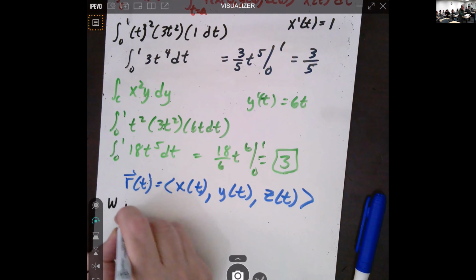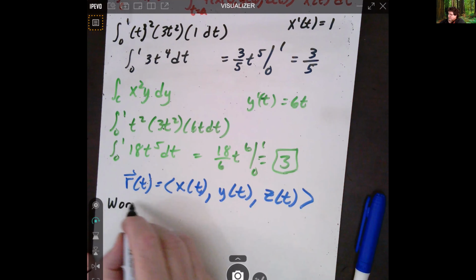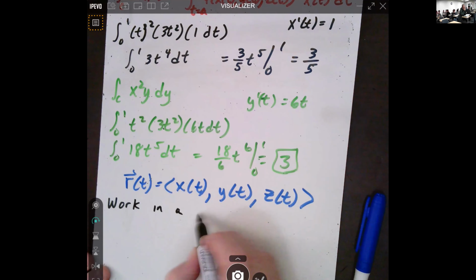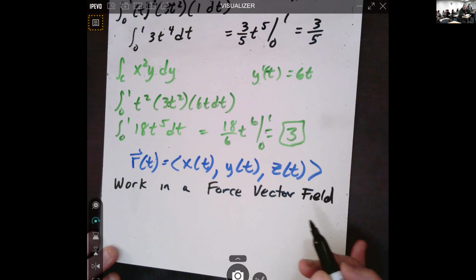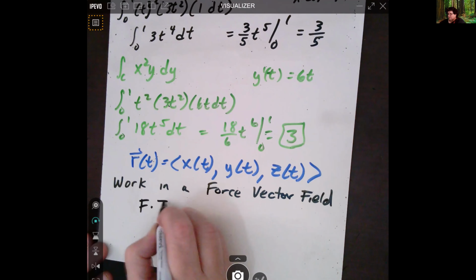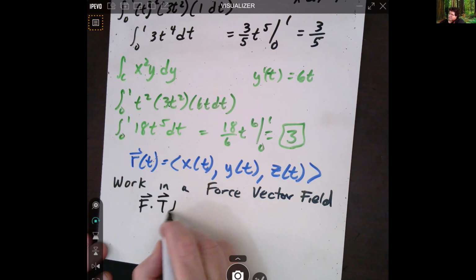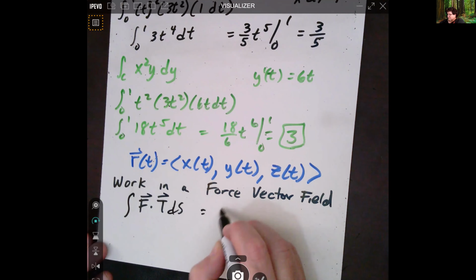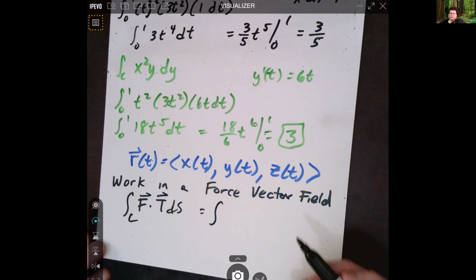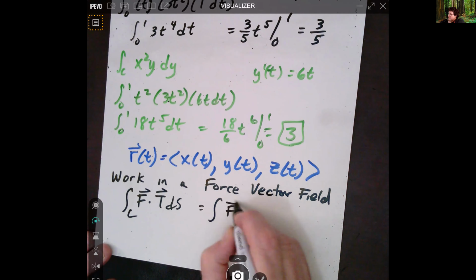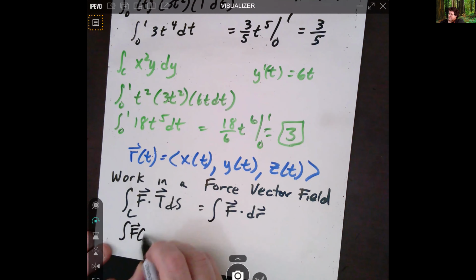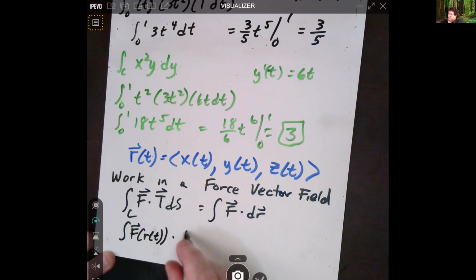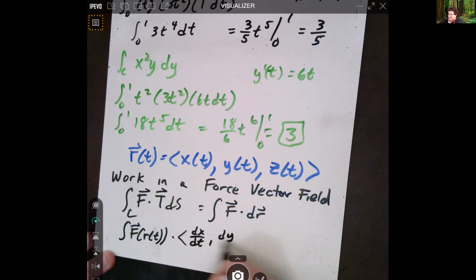Work in a vector force field is F dotted with the tangential vector ds, which ends up giving us, along the curve, if you're doing some work in a vector field, F dotted with dr, and you've got F of r of t dotted effectively with dx/dt, dy/dt, dz/dt.